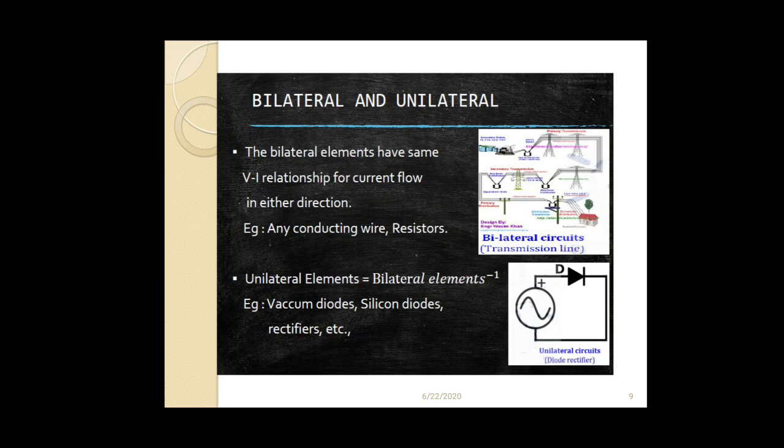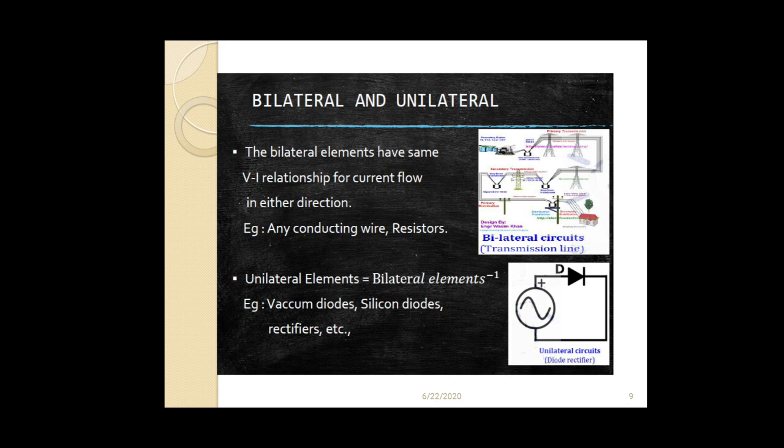The next one is the unilateral elements. Unilateral elements are the elements whose behavior depends on the direction of the current. For example, vacuum tubes, vacuum diodes, silicon diodes, rectifiers are the example of unilateral elements.